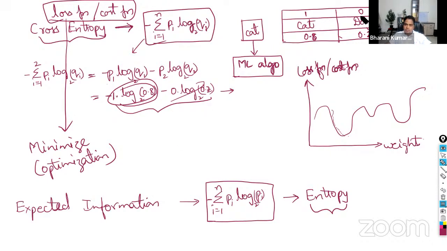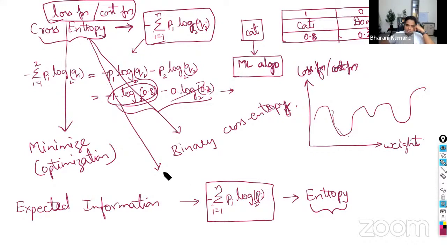If you have a 2-class problem, this cross entropy is called binary cross entropy. Determine whether there is cancer or not. Determine whether a credit card transaction is fraudulent or not. For these kinds of scenarios, you use binary cross entropy. If you have more than 2 classes, you call it categorical cross entropy.